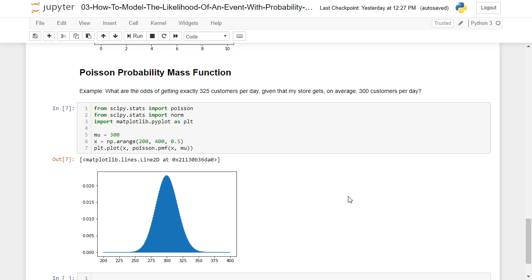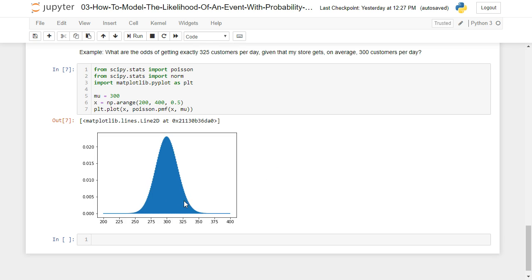we could use this to find out, for example, what are the odds of getting exactly 325 customers on a given day, given that on average my store is getting 300 customers per day. So we have a mean of 300 here. You can see the x-axis value here is 300, right in the middle there. That's the top of the curve here.